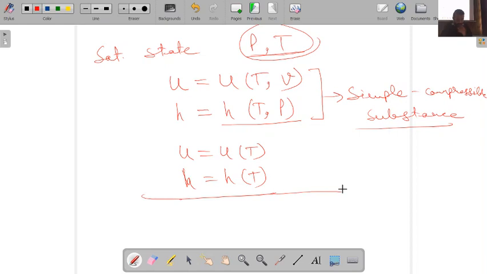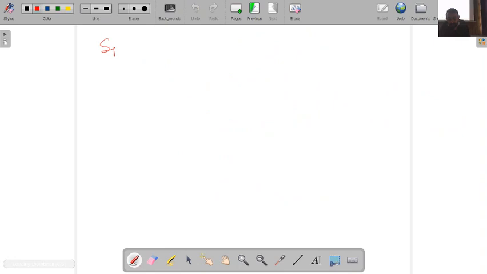Now after this we have two more very important properties called specific heats, which are obtained either as specific heat at constant pressure or specific heat at constant volume. The definition of specific heat is the energy required to raise the temperature of 1 kg of a substance by 1 degree Celsius.